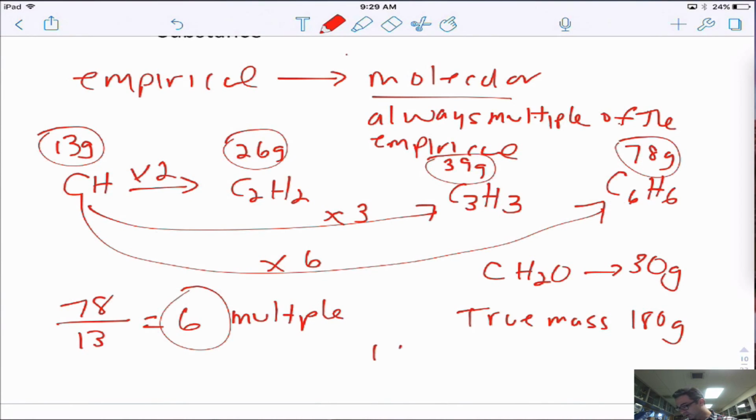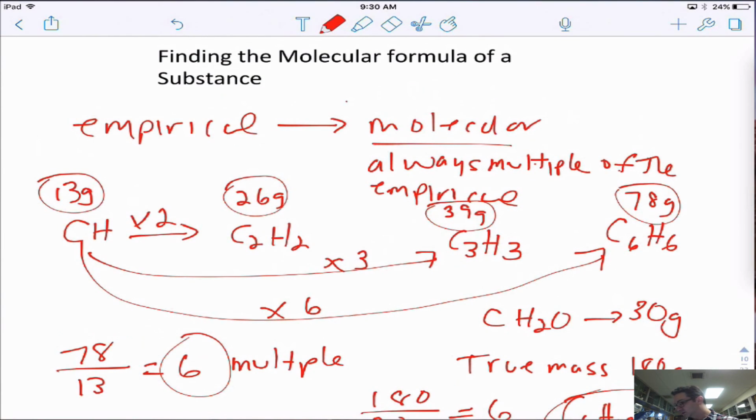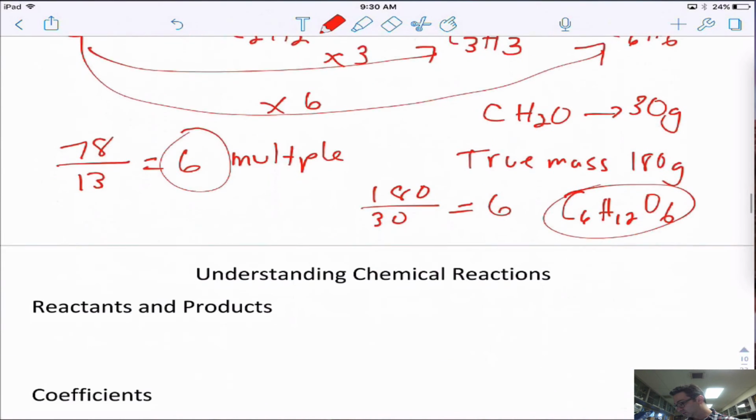Well, let's divide them out. 180 divided by 30 is 6. So what does my true formula have to be? Well, if you said C6H12O6, then you're right on, because you had to times that original one by 6 in order to get the true formula. So this is how you do molecular formulas using an empirical formula. We'll practice.